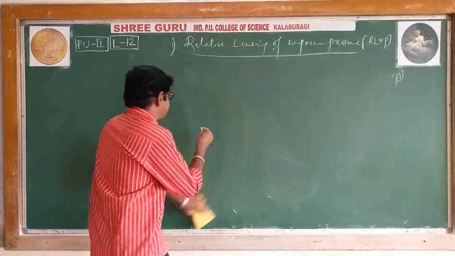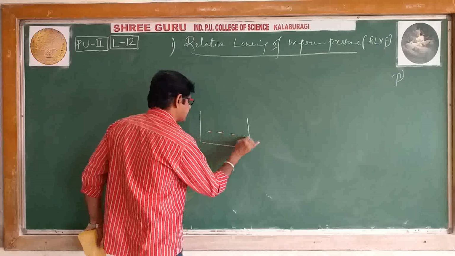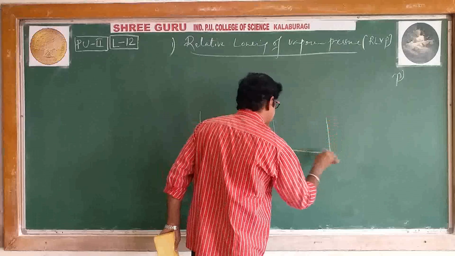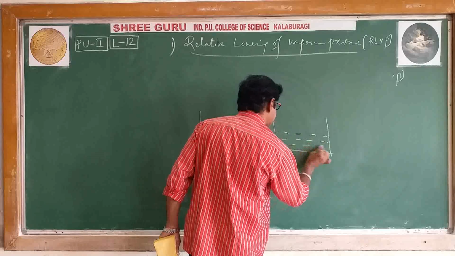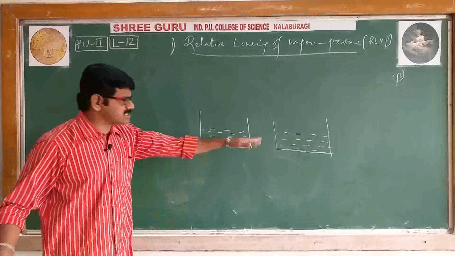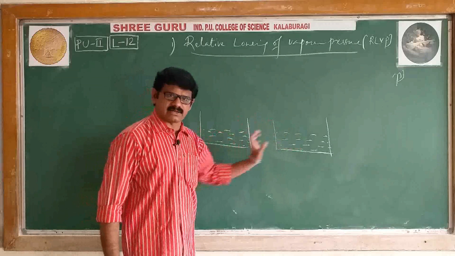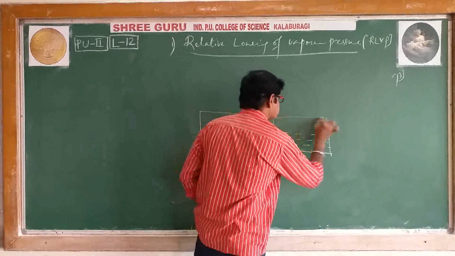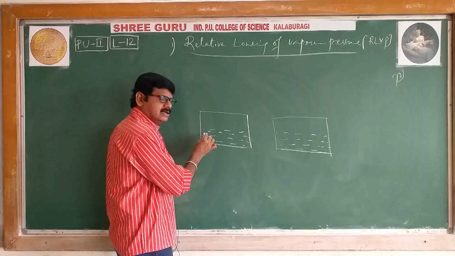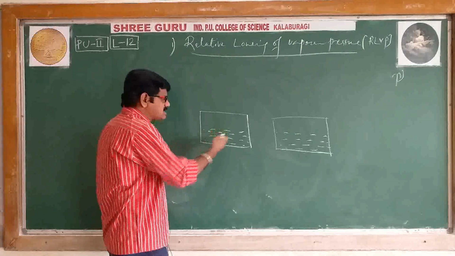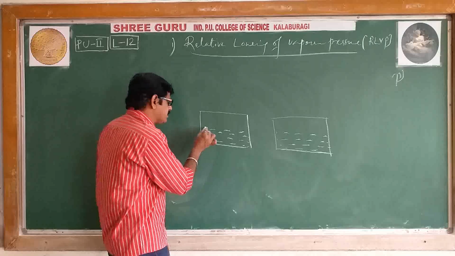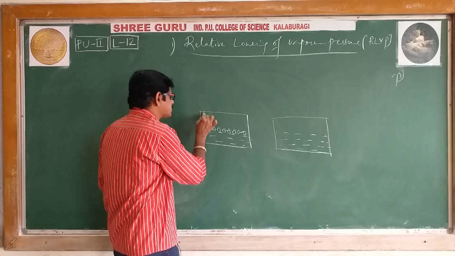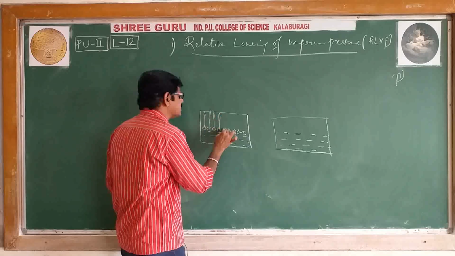Very simple concept. See here, it is one container. We'll take pure solvent here. Here the same container, same solvent we'll use. Both are the same. Here water means water, 1 liter, quite the same. Closed containers, of course, both. Now, what happened here? It is a volatile pure solvent. Volatility will be there. Then from the surface, evaporation takes place, and it is a closed container.